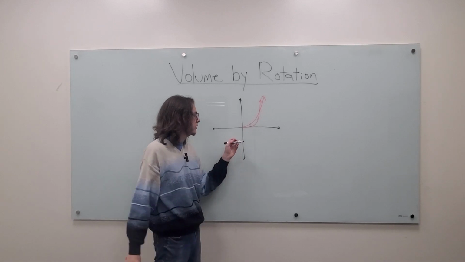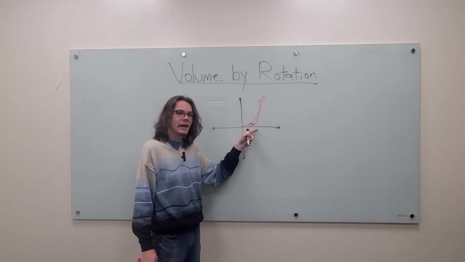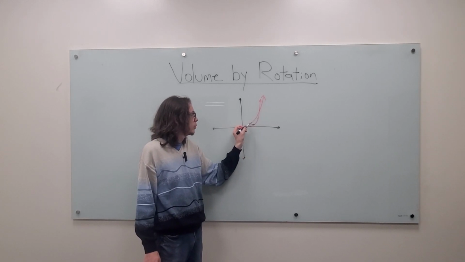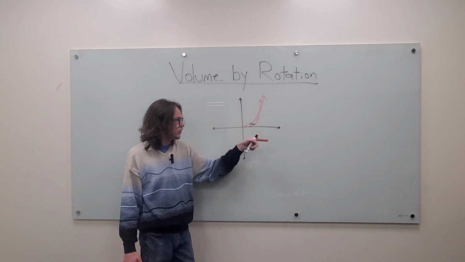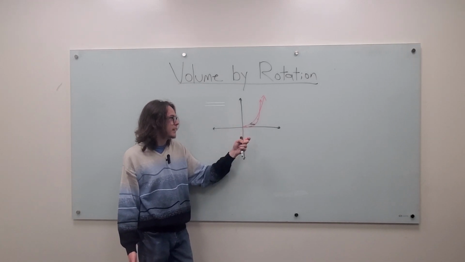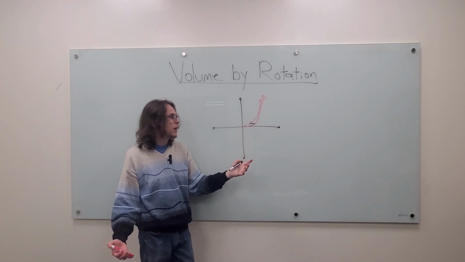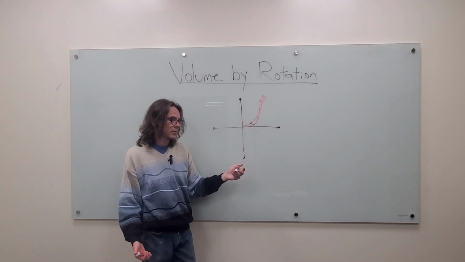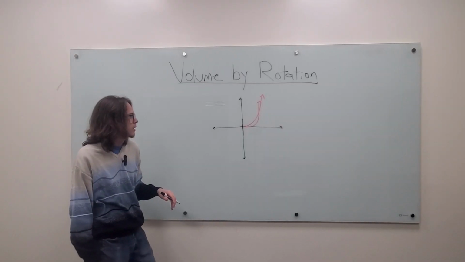If we instead use rectangles that are parallel to the axis we're rotating about, which hopefully are thick enough that you can see them, we know we're going to get the same volume because it's the same function and we're rotating it about the same axis, but it'll give us a different formula, excuse me.